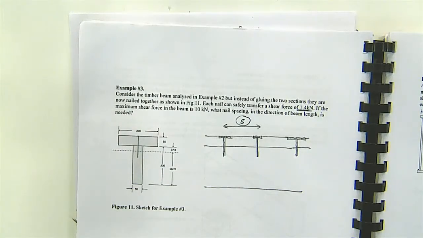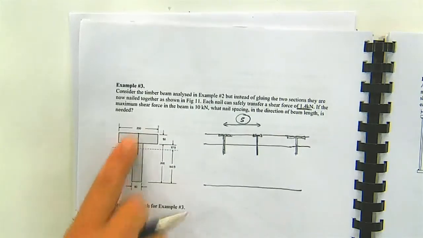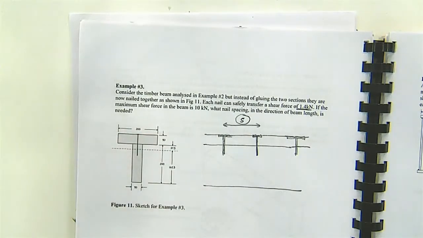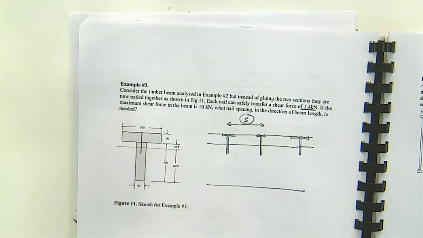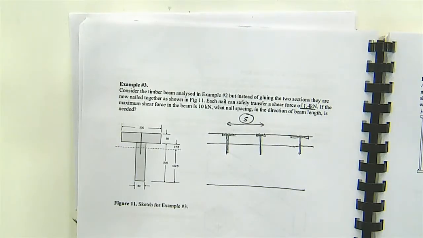In most cases, we're dealing with the idea of shear flow because you don't really want to know about the stress. You want to know, have you bought a nail that can take the force? And the best way to get the force is to think in terms of shear flow. Is that all fine?